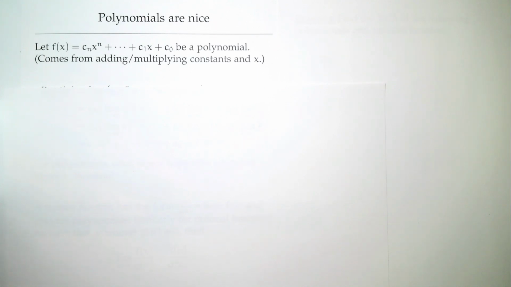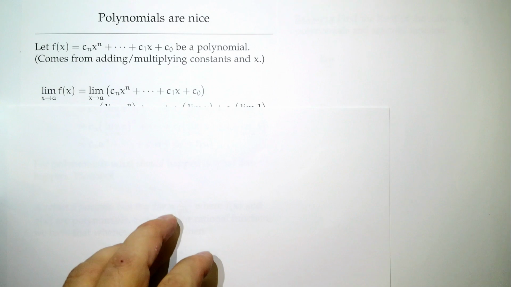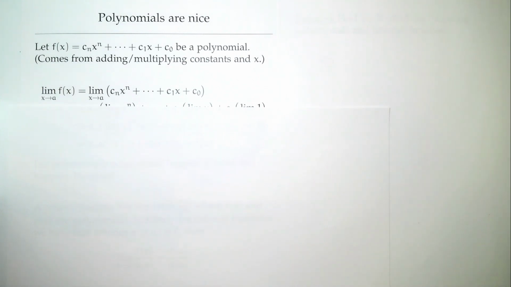Because of where polynomials come from, they come from constants and x's, and then we add and multiply those things together. We know about the limits of constants, we know about the limits of just x, so what we can do is now we get the following. If I want to say, what's the limit as x goes to a of f of x?